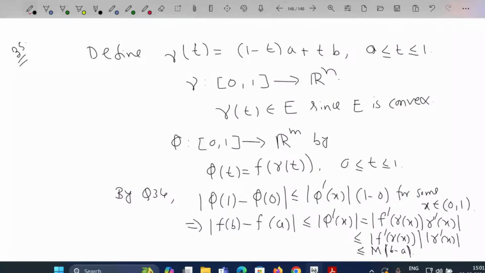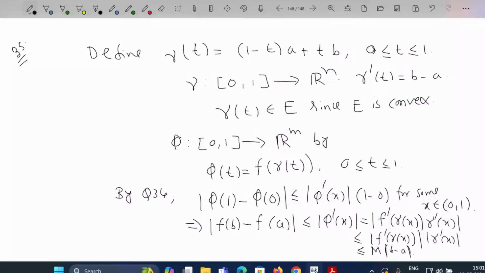Gamma dash t is nothing but b minus a. And be careful, the norm I used over here is the norm of the operator from Rn to Rm. Fine.